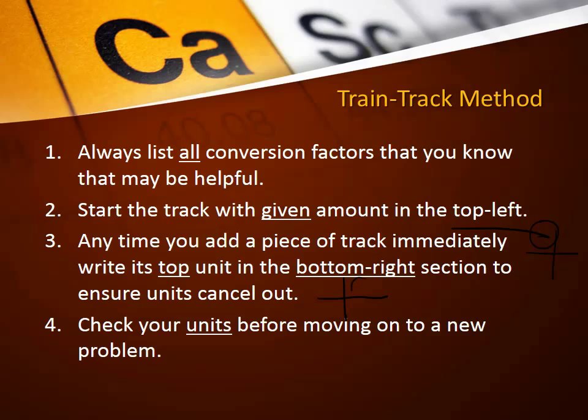So if I have to write something here, I add a new section and write that down here. The only time you won't need to do this is if you're actually in the end unit that you want to get to. But this automatically helps you keep things canceling out. And number 4, check your units to make sure they cancel out before moving on to a new problem.